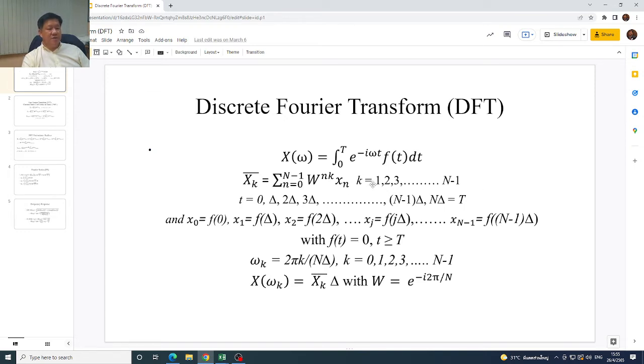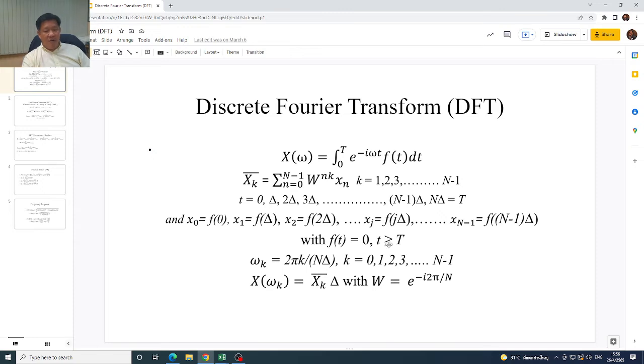Since k starts from 0 up to n minus 1, k also has capital N possibilities. So to evaluate all X omega k for all k, you will require, in terms of dependent function, capital N square multiplications and summations.